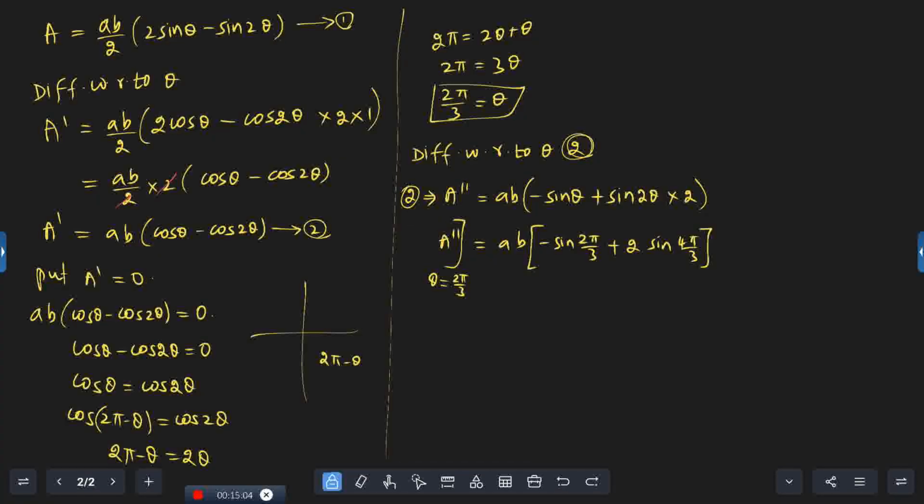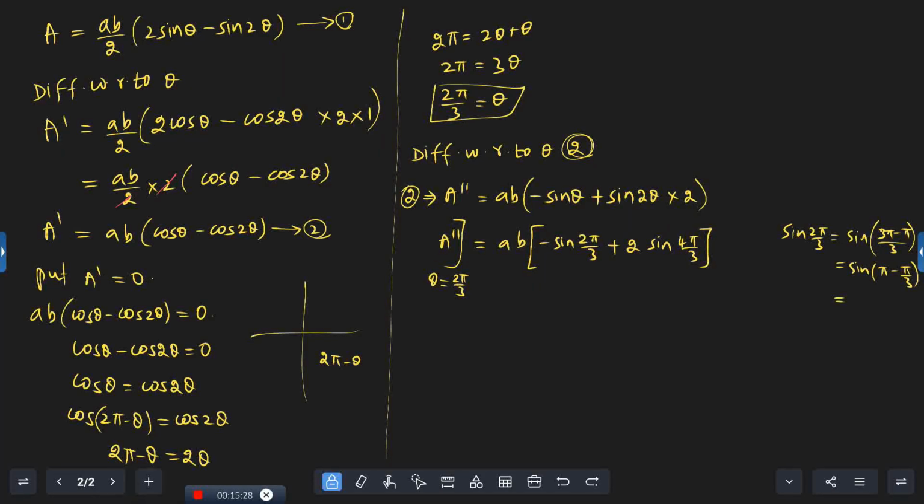How will you simplify this? Sin 2 pi by 3, how can you write it now? Shall we write it as 3 pi minus 1 pi divided by 3? So sin of pi minus pi by 3. Pi minus pi by 3, which quadrant?